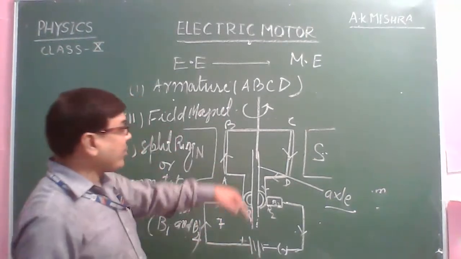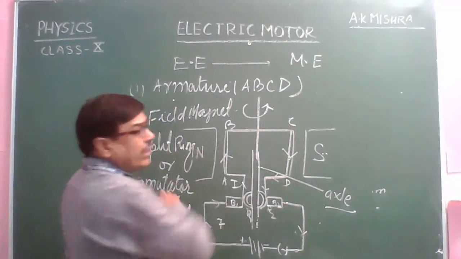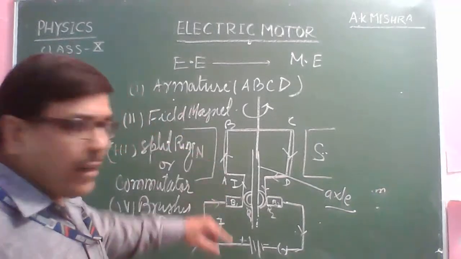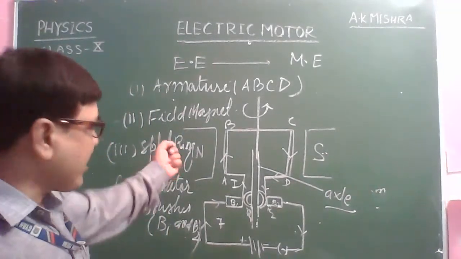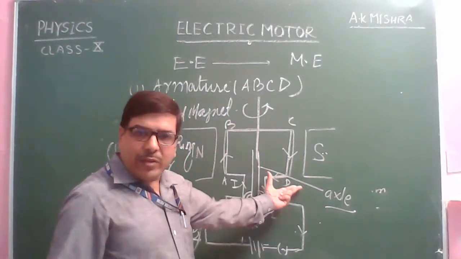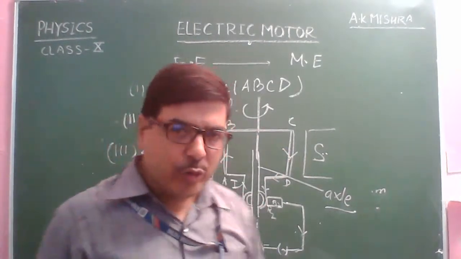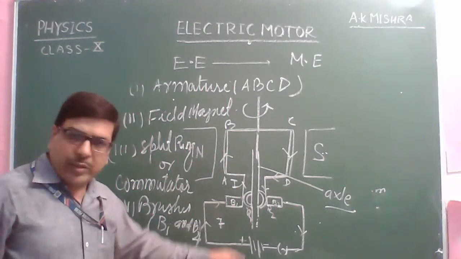When the current passes through the coil ABCD, the rectangular coil on the soft iron core, force is developed acting on its arms. This is the left arm AB and this is the right arm CD. So this is the brush.